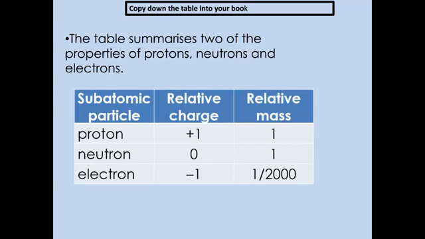Right, so now we need to copy this table into our book. So as well as being able to draw our diagram to show where the subatomic particles are found, we need to be able to remember the relative charges and masses. So remember, we had the nucleus in the middle, so we had protons and neutrons in the middle, and then we had our electrons in shells.